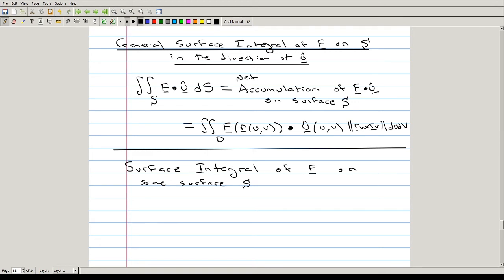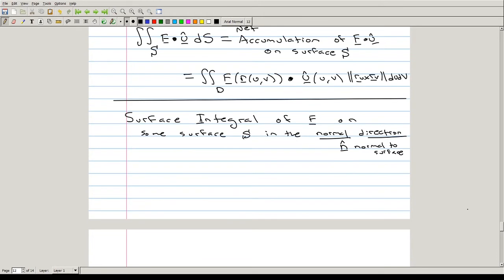We take the surface integral of f on some surface S in the normal direction, or in the direction of a unit vector n hat, where n is normal to the surface, in which case the expression for the surface integral becomes very, very nice.